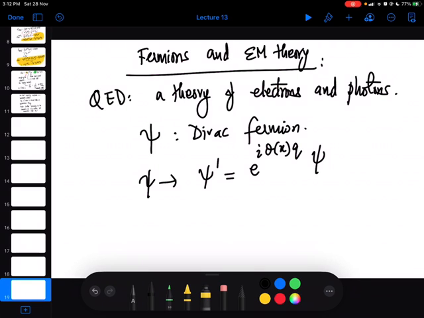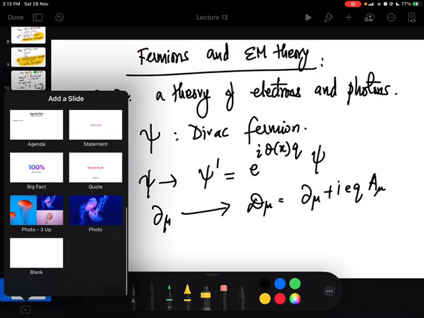Now I know the prescription that whenever there is a derivative, I replace del mu by del mu plus i e q A mu, so that the Lagrangian would be invariant.